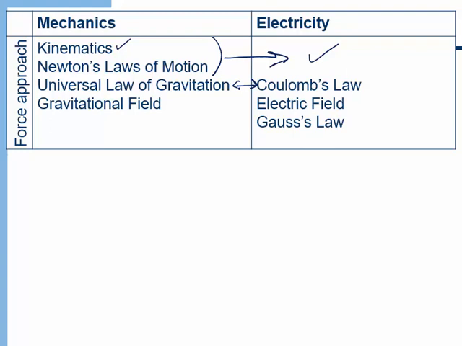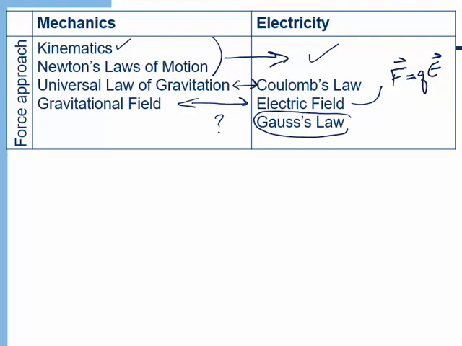And we've also spent a lot of time talking about electric fields, and that's equivalent to gravitational fields. So we found that if we know there's an electric field in a region of space, the electric field exerts a force on our charge, F equals QE, and then we can use kinematics and Newton's laws to figure out things. The one thing that's been new this semester is we spent the last chapter on Gauss's law. We didn't see any equivalent for that last fall.